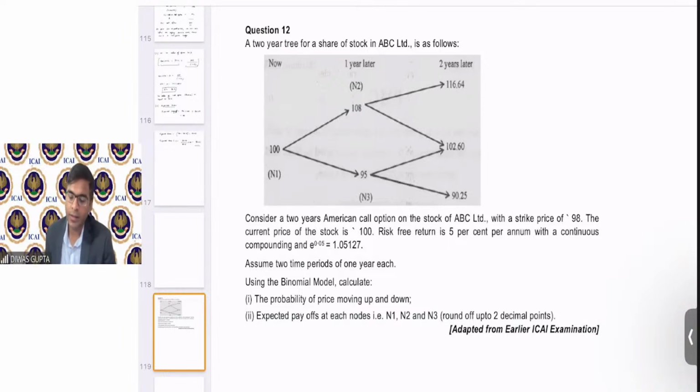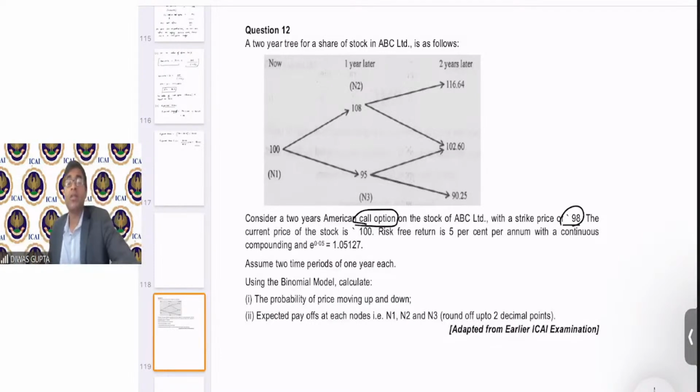A 2-year tree for a share of stock in ABC Limited is as follows. The starting is at 100, then N2 and N3 108.95, and then later on the prices are given. Consider a 2 years American call option on the stock of ABC Limited with a strike price of 98. So students, first of all, you're talking about a call option, strike price of 98.